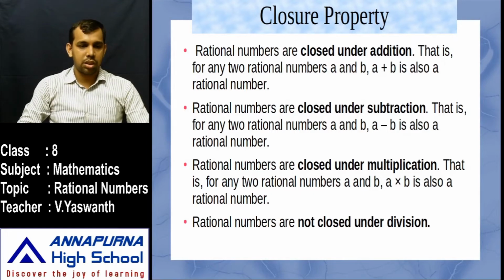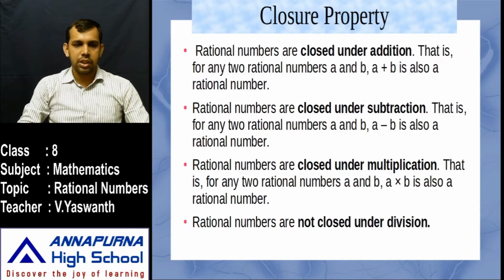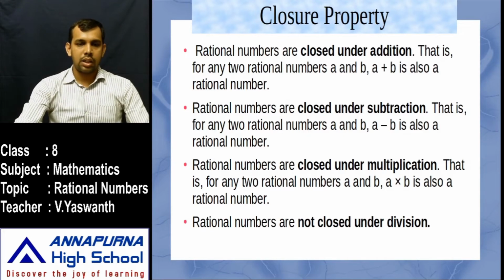If you divide any number by 0, the quotient is not defined. When you divide a rational number by 0, the quotient is not defined, so it cannot exist in any collection of numbers.